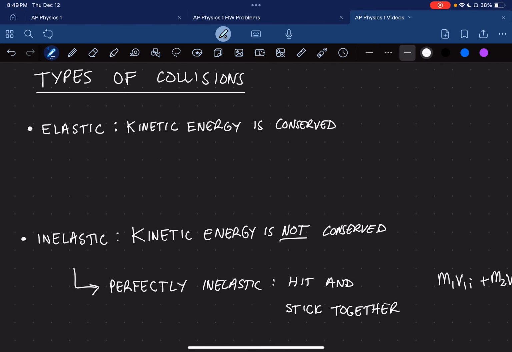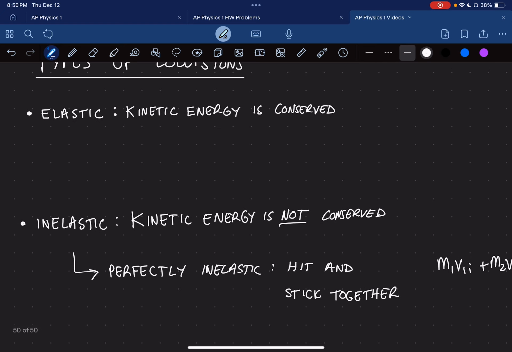There are elastic collisions, which means that the kinetic energy is also conserved before and after the collision. But typically, many of them will be inelastic, where kinetic energy is not conserved; it's lost in the collision. And there's a special type called perfectly inelastic collisions, which we also name hit and stick collisions. They hit and stick together.